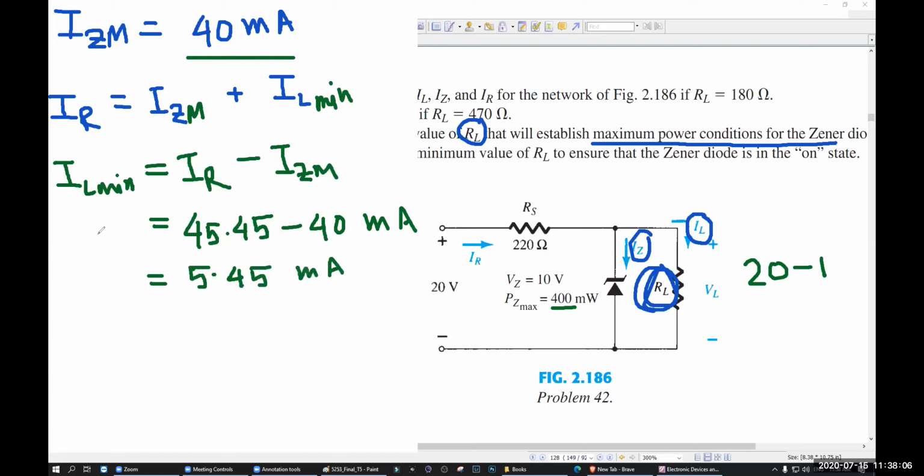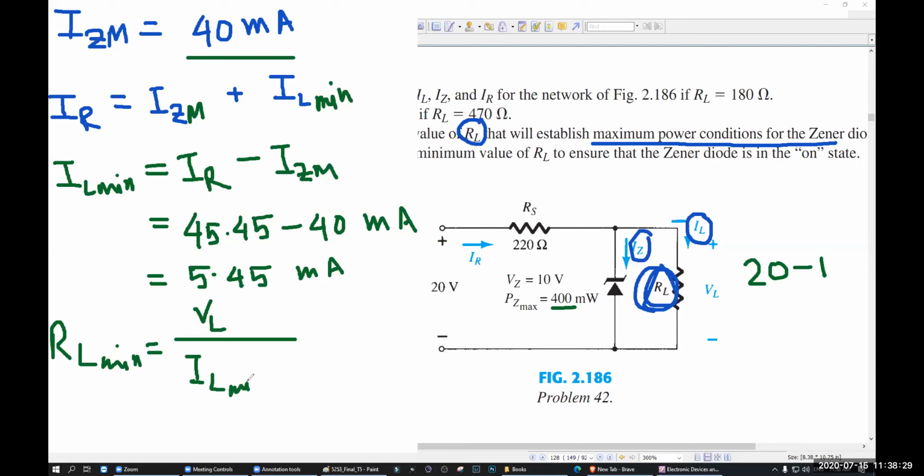Now what about RL maximum? Voltage divided by current, right? The voltage is VL, or you can write VZ, which is 10 volt, divided by IL minimum.